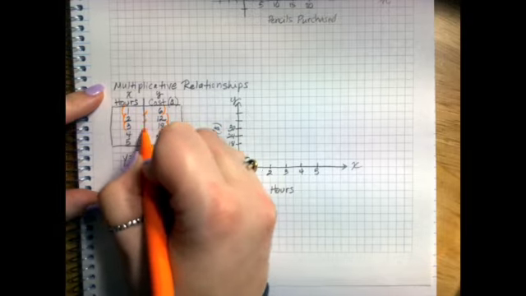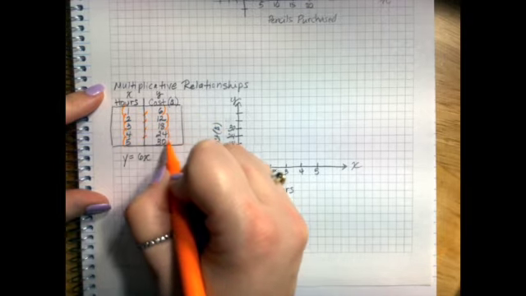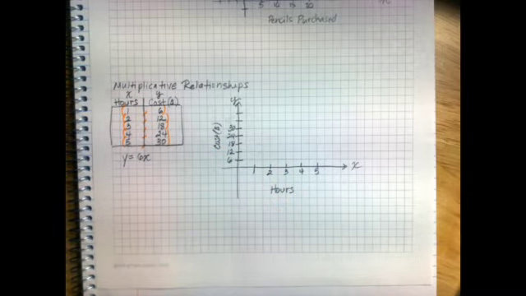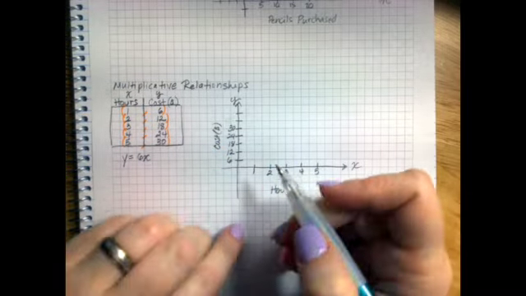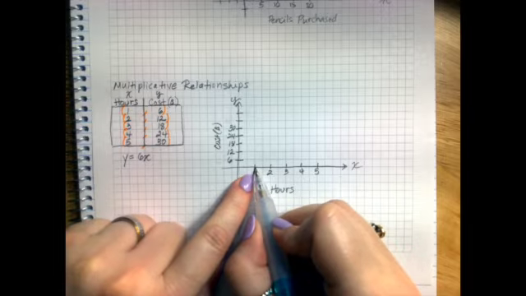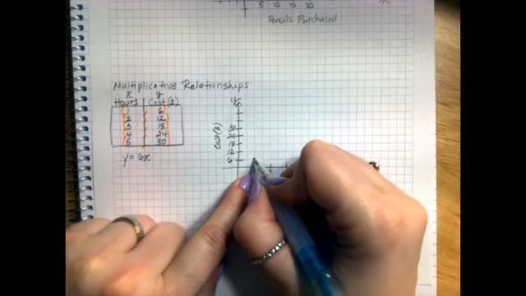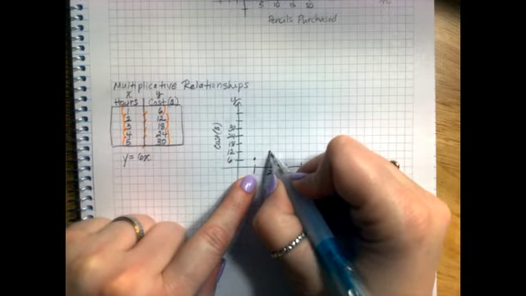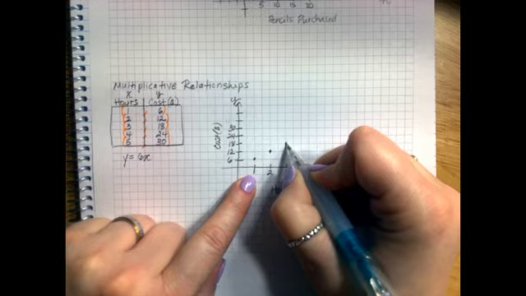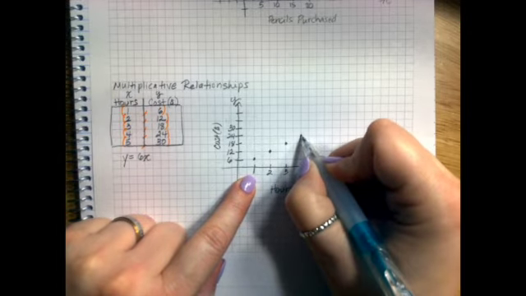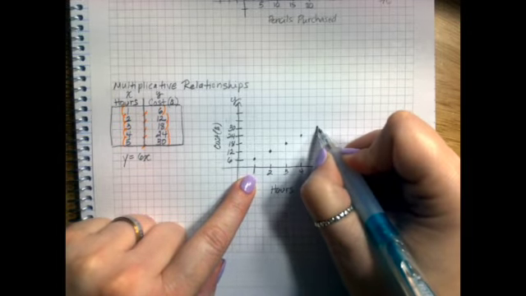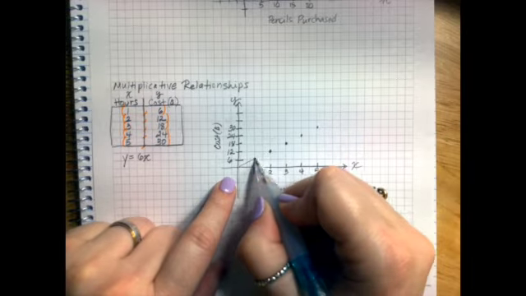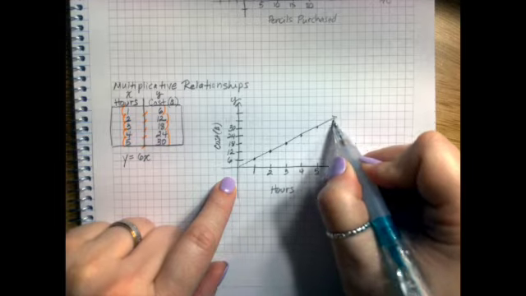You don't have to rewrite them to see them. Okay, now graph. So at 1 hour, it's $6. At 2, it's 12. At 3, it's 18, and so on. Okay. And I'm going to go ahead and connect.